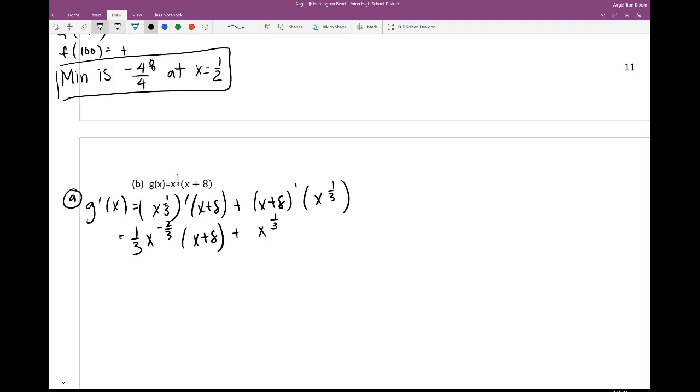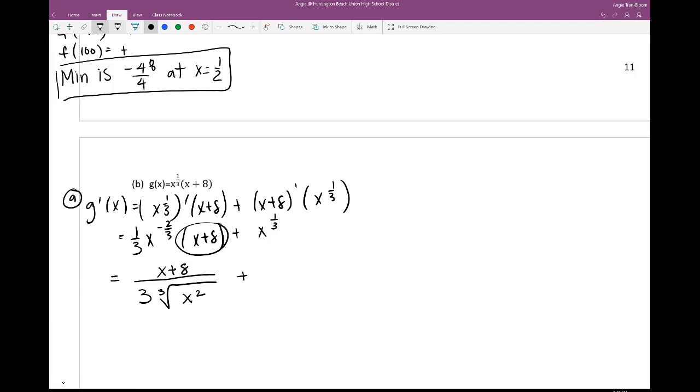Can I make the negative 2/3 into positive? Yes, I can. This is already positive, so that stays on the top. The 3 goes on the bottom, so the denominator is 3 times the 3rd root of x squared.